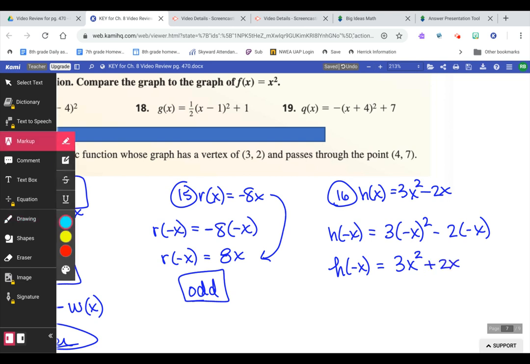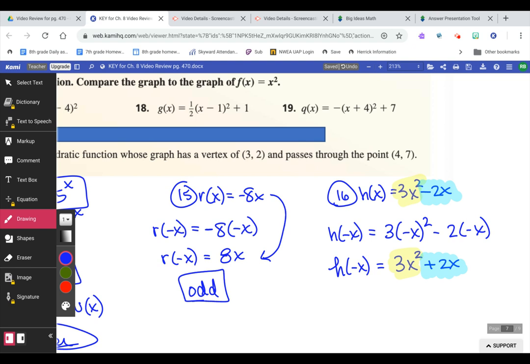So what happened here is this stayed the same as the original. This one, however, went positive from a negative sign. So because one term changed and the other did not, this would be neither. They either all have to stay the same signs or they all have to change signs.